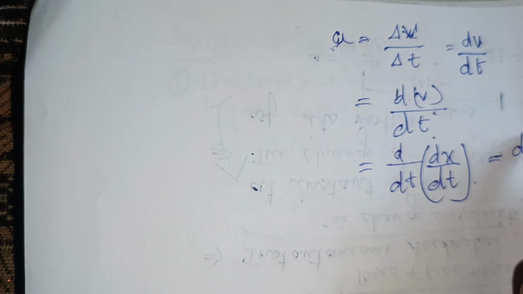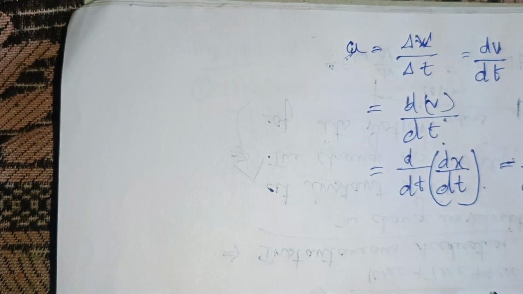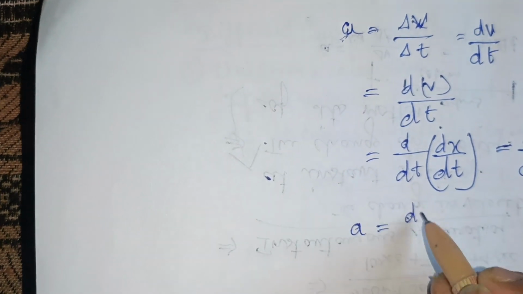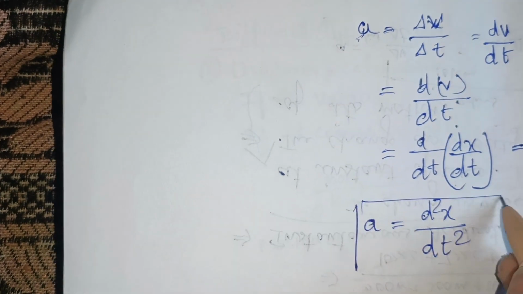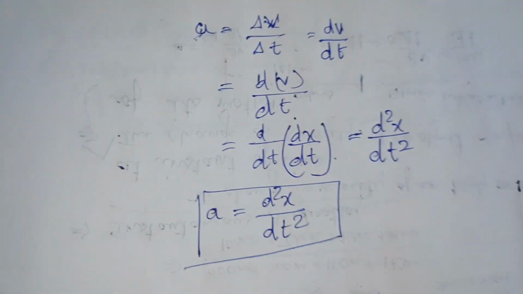So we can write d square x by dt square. So what is my acceleration? Acceleration is equal to d square x divided by dt square. So in this sense also I can define my acceleration.